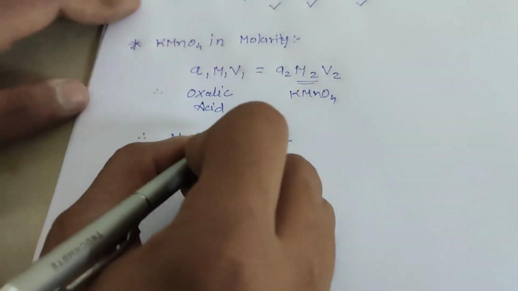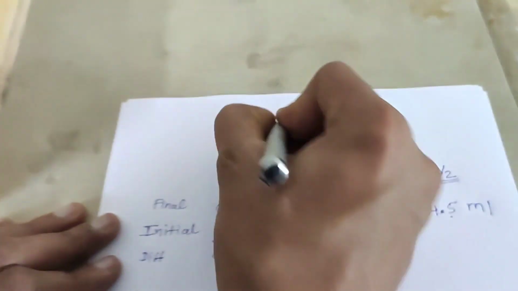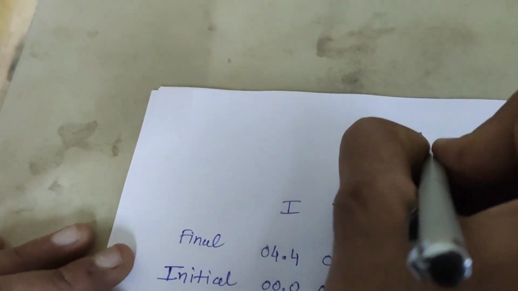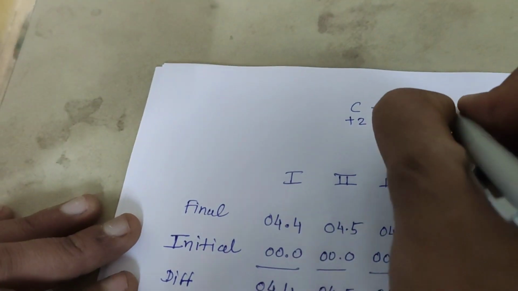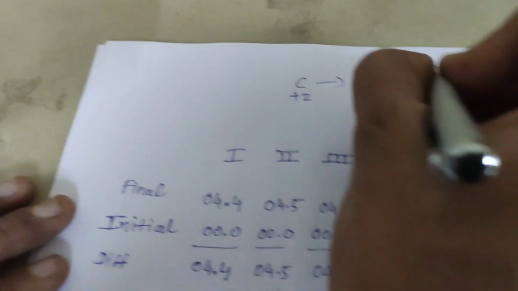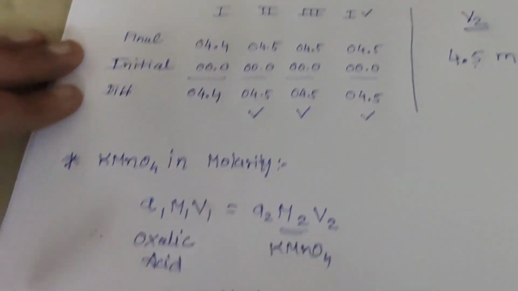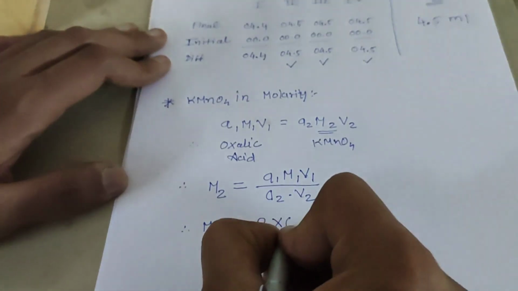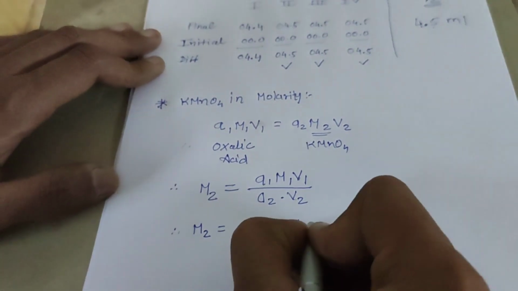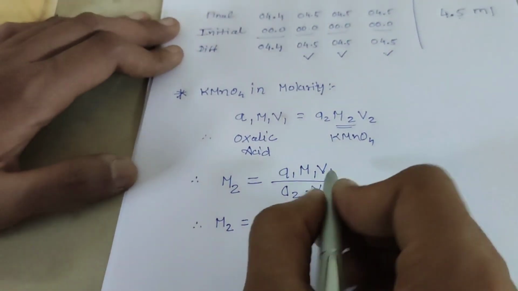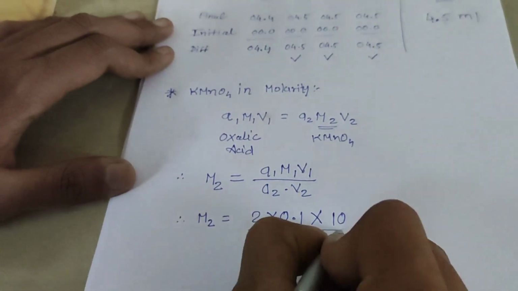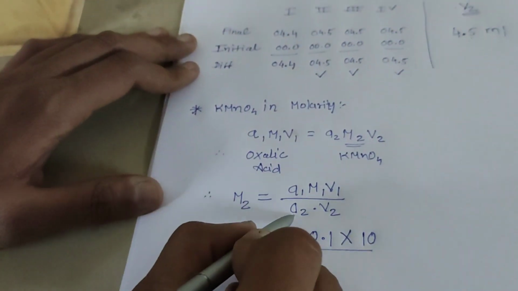Now what is the value of A1? Carbon is converted from +2 to +4. That means there is release of 2 electrons. That's why A1 will be equal to 2. Concentration of oxalic acid is 0.1 molar. I have shown you on the board. Volume of the oxalic acid is 10 ml, divided by A2. What is the value of A2?